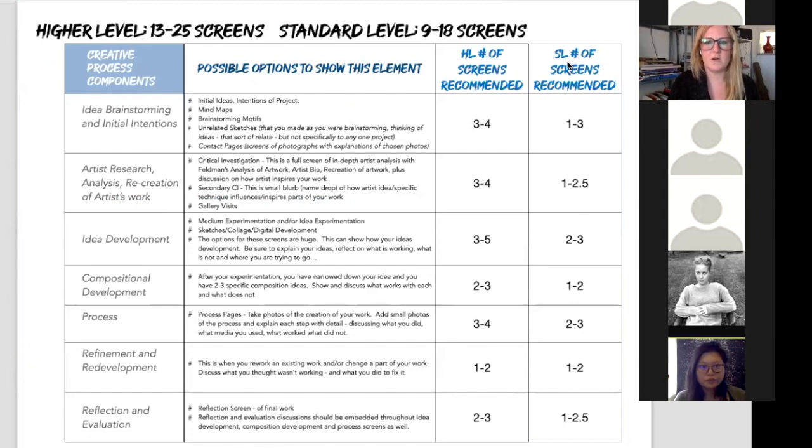If they're doing HL or SL, these are the parts of the design process that we focus on. And this is how many screens you should have from your 2 years kind of discussing these ideas. And these are some examples of how they can show up.